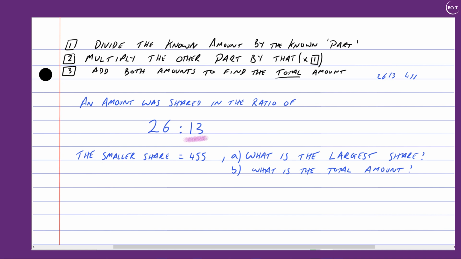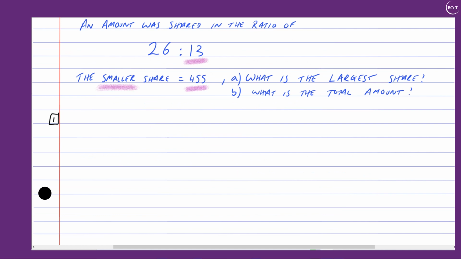Well, 13 is the smaller amount of parts, so that goes with the 455, which is the smaller share of stuff. As usual, step 1, divide the known amount by the ratio parts that it went with, so smaller with smaller or larger with larger.